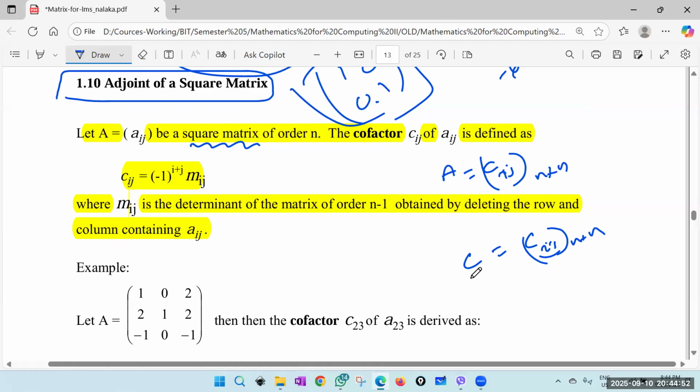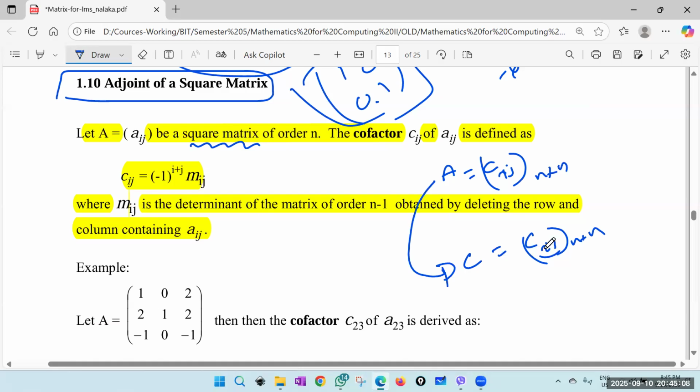So let's assume I want to find the cofactor matrix of A. The cofactor matrix has the same dimension or size, but different elements. So this is the definition.